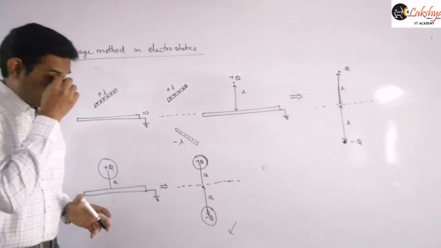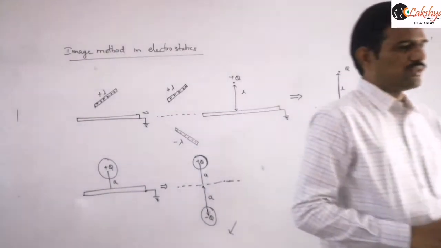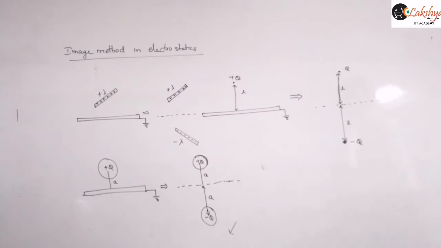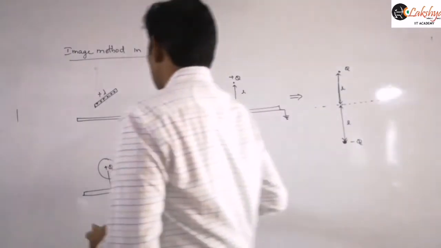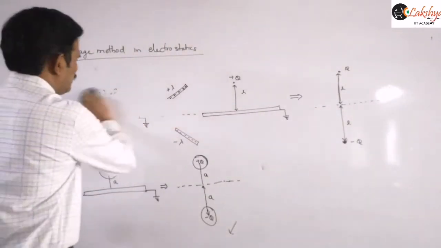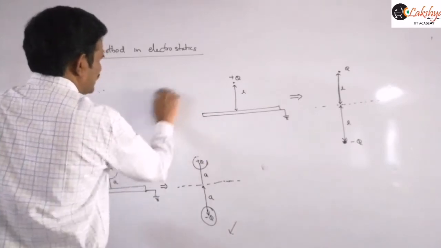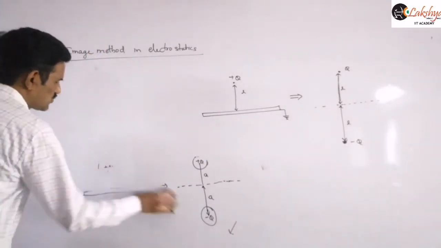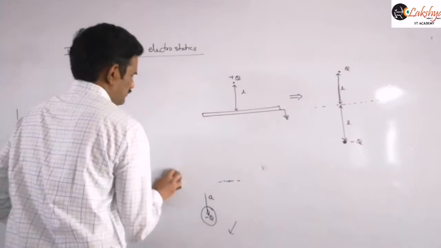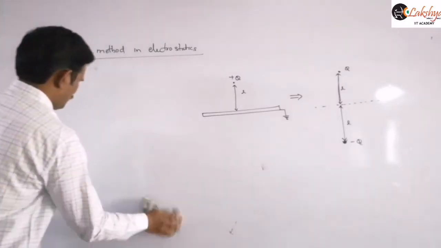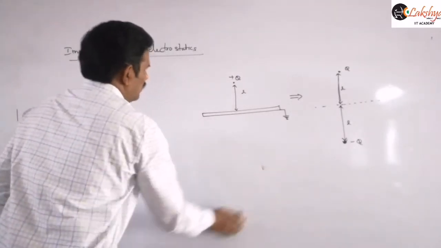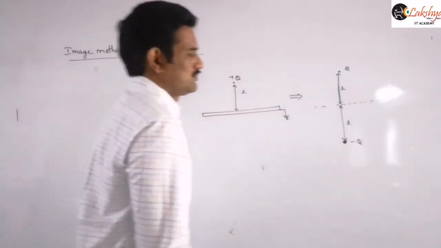And now here let us see the calculations regarding this. Now suppose if I ask the force between this conducting plane and the point charge, or force acting on the point charge here. So write this as a problem.